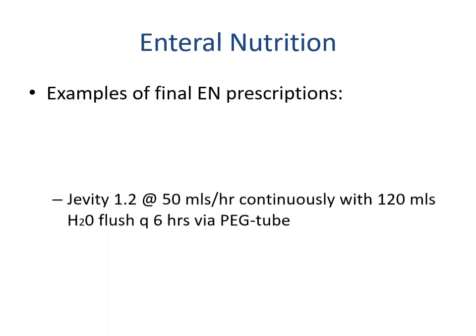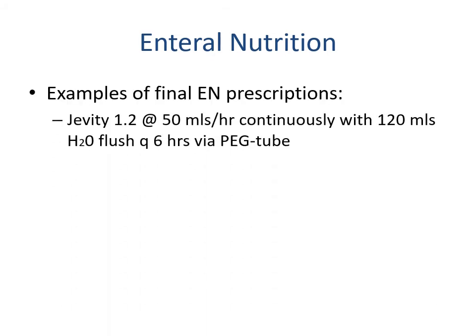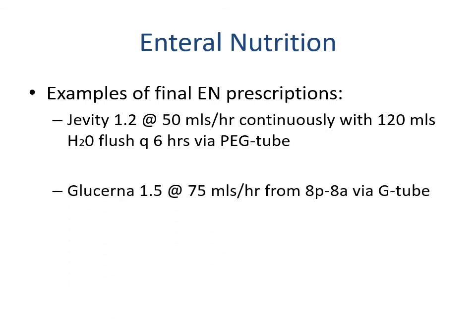So an example of a final prescription, you have the specific formula, Gevity 1.2. It will be running at 50 milliliters an hour continuously with a 120 milliliter flush every 6 hours via the PEG tube. Glucerna 1.5 at 75 milliliters per hour from 8 p.m. to 8 a.m. via the G tube.